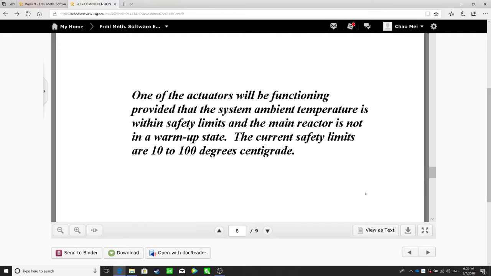Here it's saying centigrade. It's not the unit used in the US. It's an example from the book, so it must come from some other place in the world.